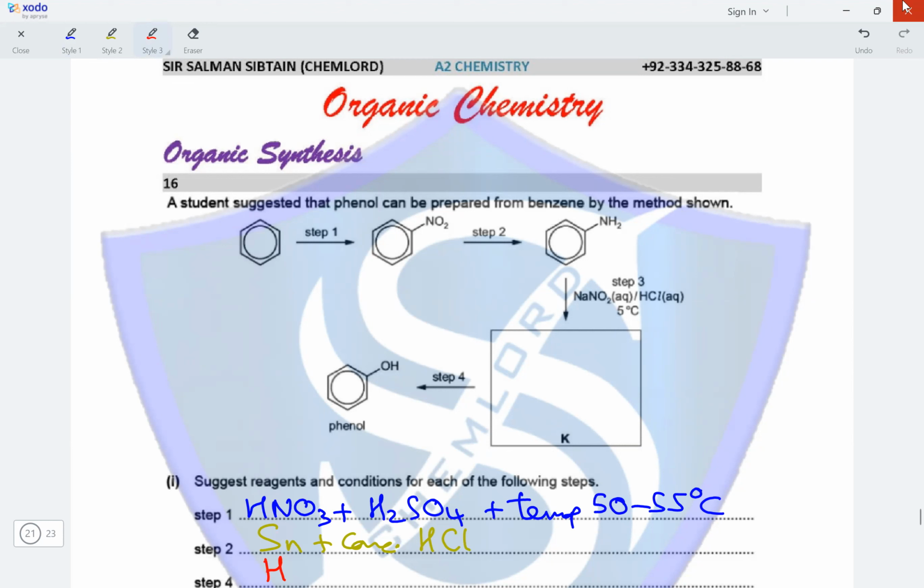We would need water plus heat, which would produce the phenol. And in order to complete the organic synthesis pathway, we draw the structure of compound K, which is benzene diazonium chloride. So it's N triple bond N positive and Cl negative.